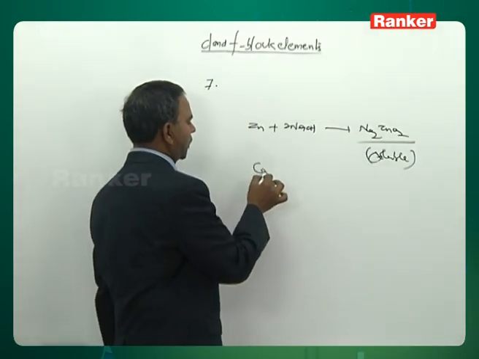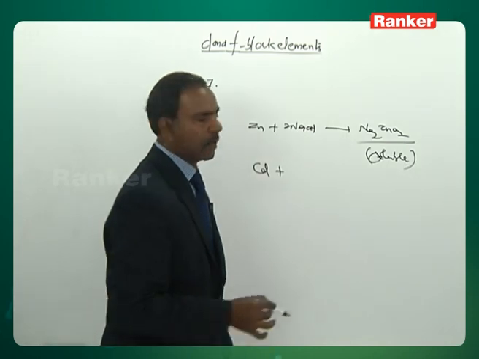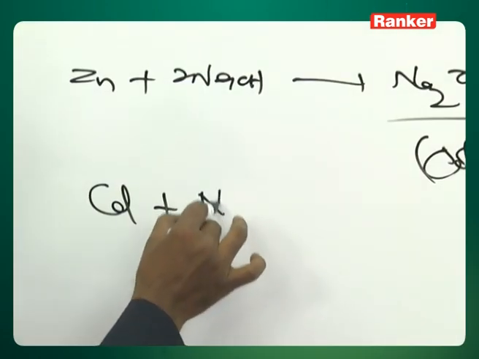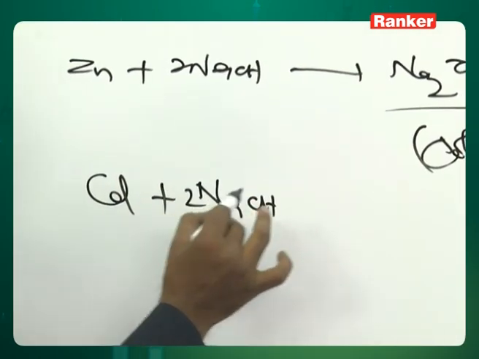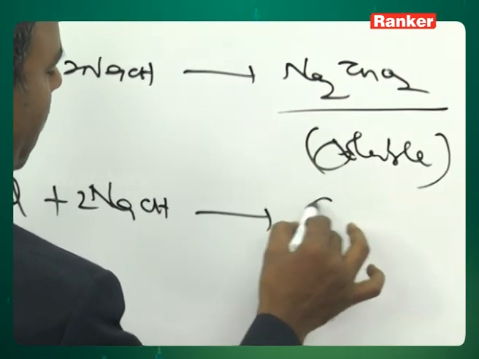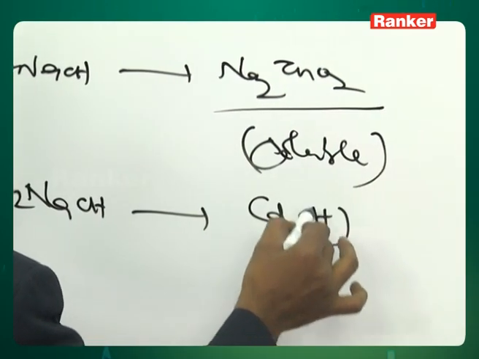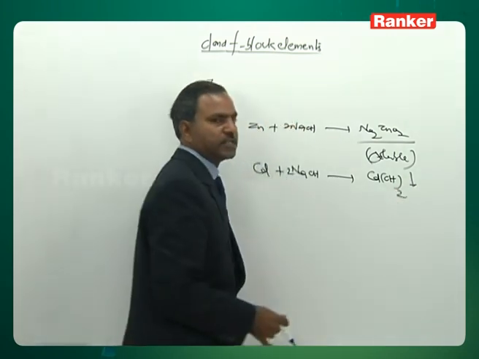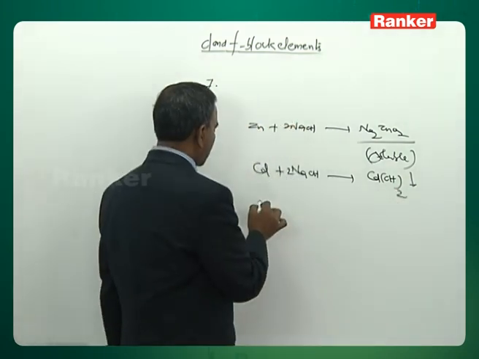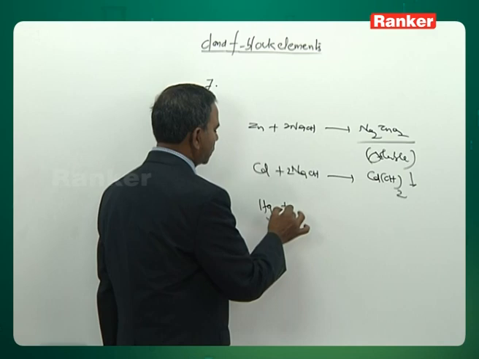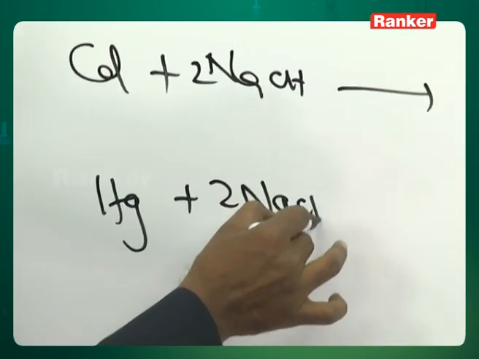Similarly for cadmium, when you add sodium hydroxide, you get cadmium hydroxide precipitate, which is insoluble in water. Now mercury also reacts with sodium hydroxide.